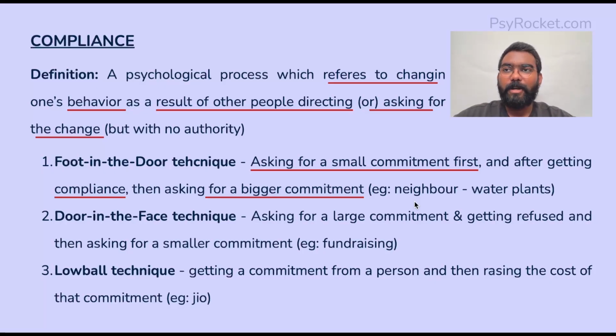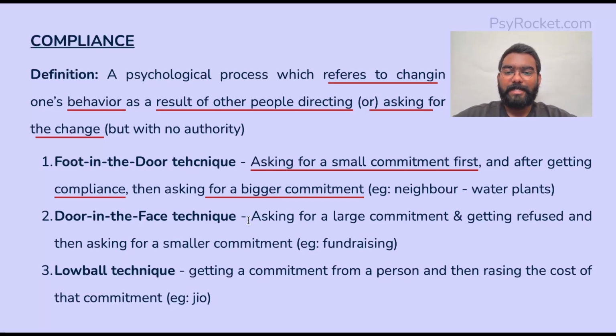Then you will go and water their plants. That is a small request to start with. There are just 2 plants, you went and poured water on them. Then he will again call you and say, can you please feed my dog also, can you please feed my pet also, which is outside. So they ask for a smaller commitment first, and then they ask for a bigger commitment after getting compliance for the first request.